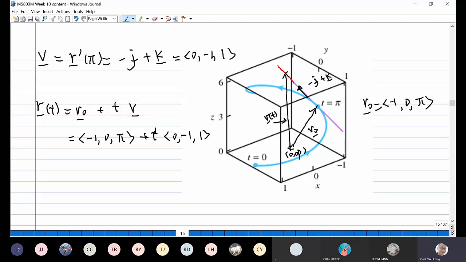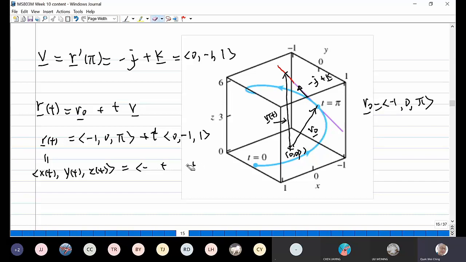So this is your r(t), which is of course equal to x(t), y(t), z(t). This is equal to minus 1 plus 0t, 0 plus minus t. So you can add them up.